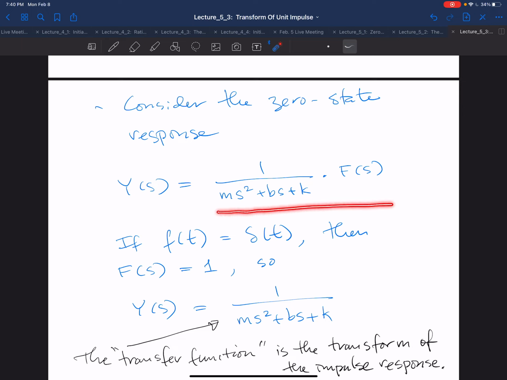If you recall the properties of the Laplace transform, in this case we're multiplying the transfer function by the transform of the input in the s domain. And what we saw is that multiplication in the s domain corresponds to convolution in the time domain. So the zero state response of a so-called linear time invariant system in the time domain is the convolution of the input with the impulse response.